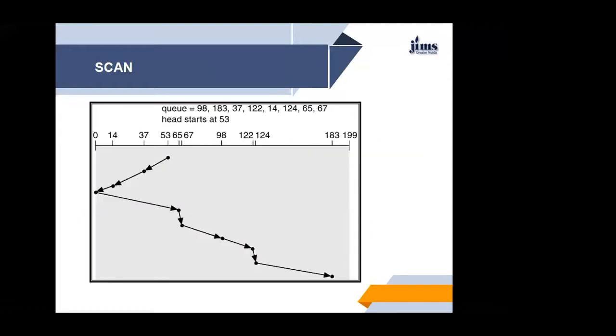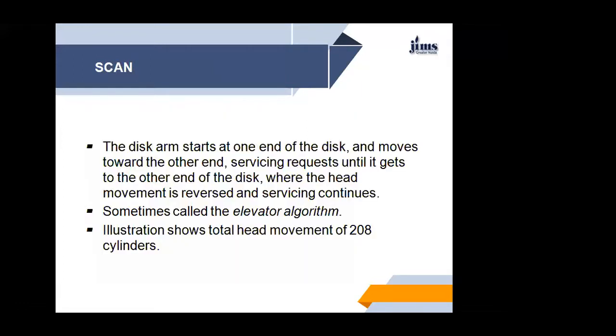Now see, the head movement is from 53. In the earlier SSTF case, it went to 65 or 67. But in this case, it goes from 53 to one end of the disk, that is, from 53 to 37, 37 to 14, and 14 to 0. The disk arm starts at one end and moves towards the other end.